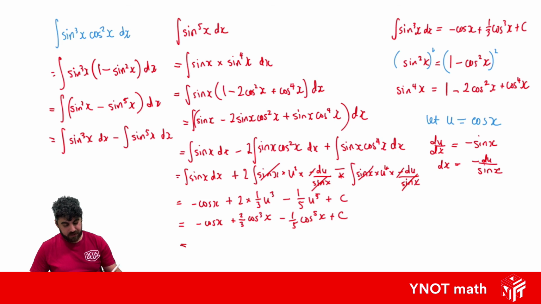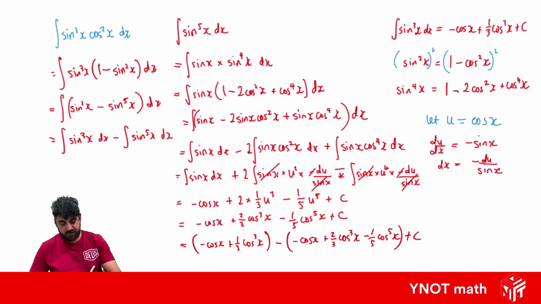So we're going to get minus cos x plus a third cos cubed x, minus, minus cos x plus 2/3 cos cubed x minus a fifth cos to the 5x. And we're just going to have our constant on the end.